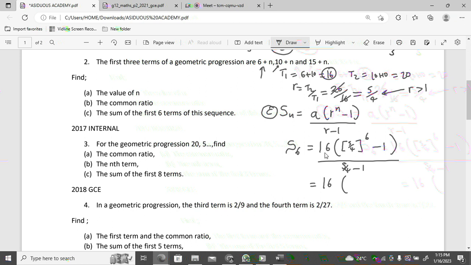And then this one we'll just punch on the calculator. You write in brackets 5 over 4, and then you raise this to the power 6. So just write on a calculator, then you are going to get the value 5 over 4 to the power 6.